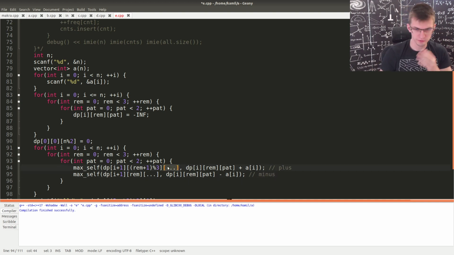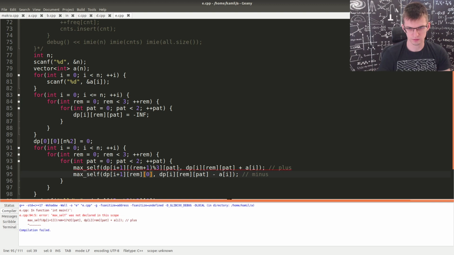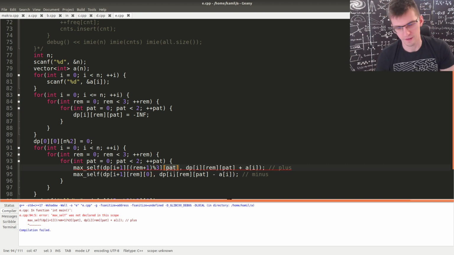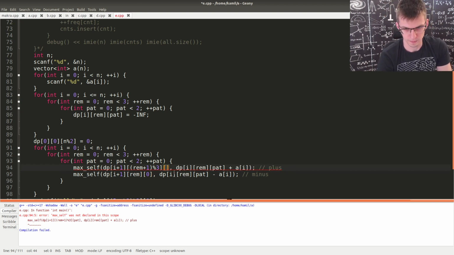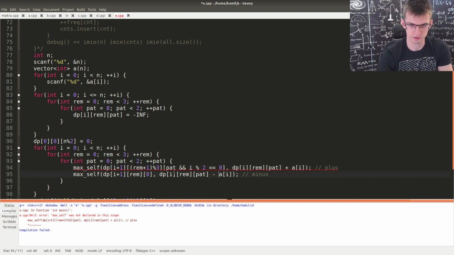I need to figure out whether the pattern still holds. For I equal to 0, if I'm putting a plus here, then pattern holds. Here, pattern doesn't hold. No, it depends on I modulo 2. So pattern holds if and only if it held so far, and this is even.